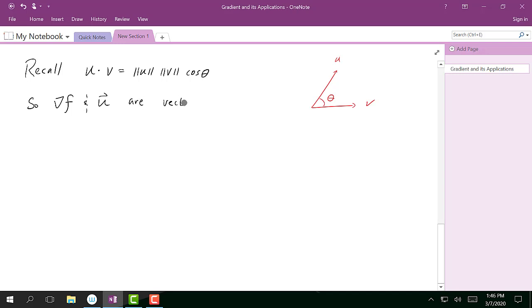And so we can apply them in this formula from above to get that the gradient of f dotted with u, which again is the directional derivative by definition, is going to be, with this formula, the magnitude of the gradient of f multiplied by the magnitude of u times the cosine of the angle in between them.